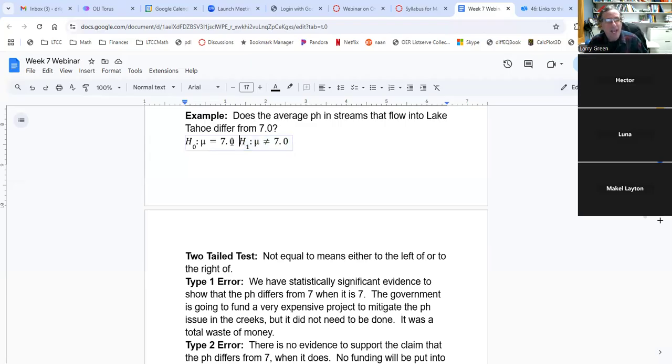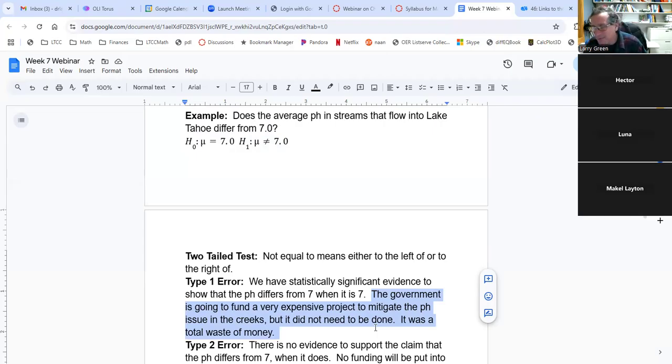And the ramifications are the government's going to fund a very expensive project to mitigate pH issues in the creek, and it didn't even need to be done. It was a total waste of money because the creeks were fine. Just our sample kind of misled us. Does that make sense? That's a type 1 error.